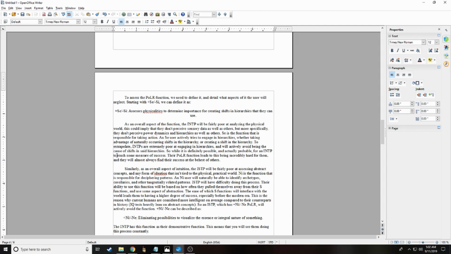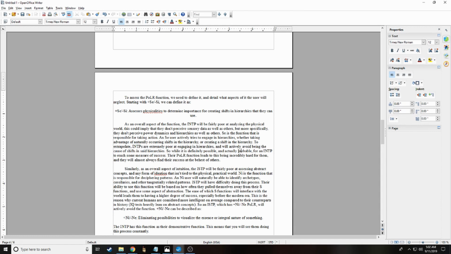They will not be able to cause some sort of chaos. They won't want to, and they'll hate the notion of introducing chaos to a system. And with that being said, because their S functions are so weak, they're going to be reticent to actually take advantage of shifts in the hierarchy, but they eventually will.